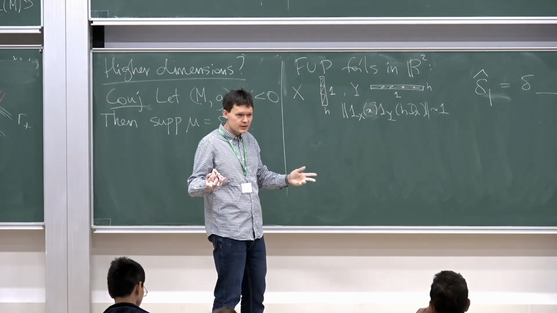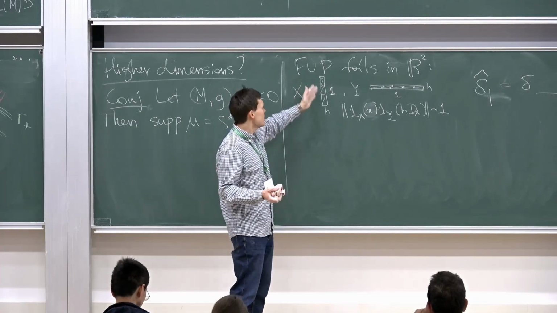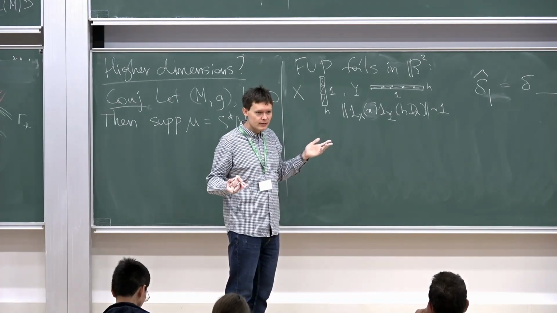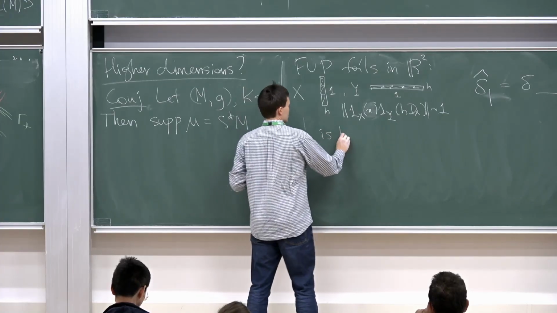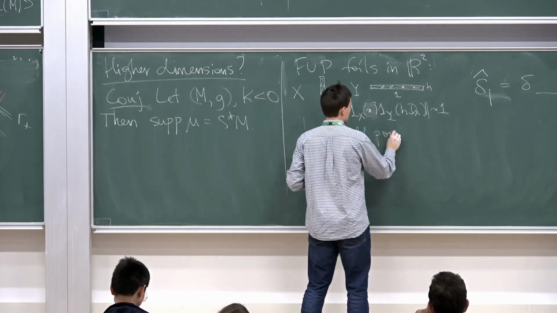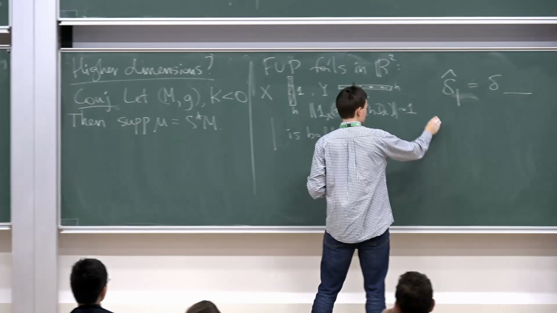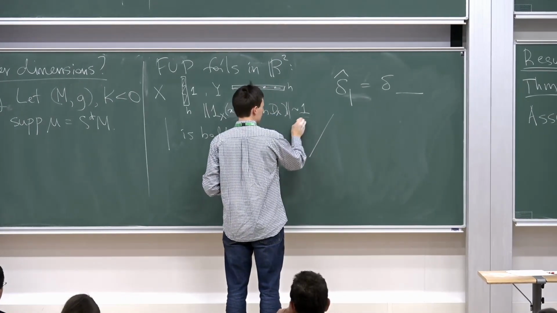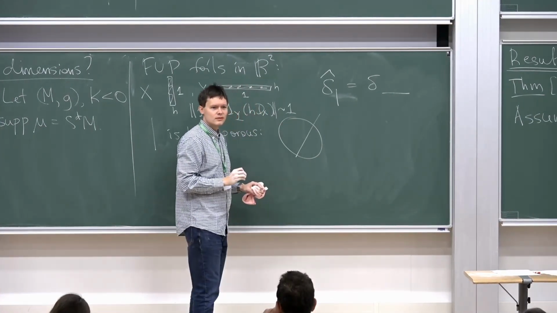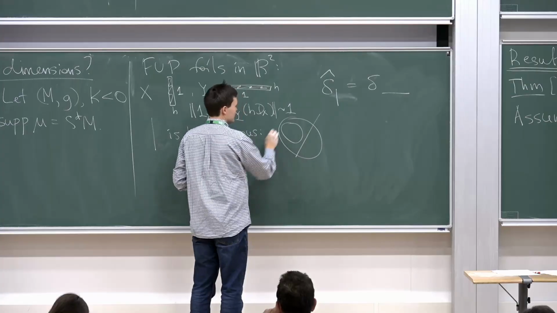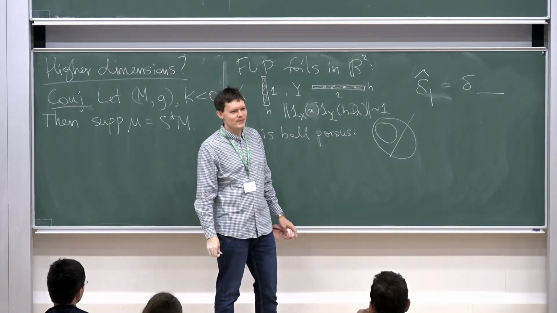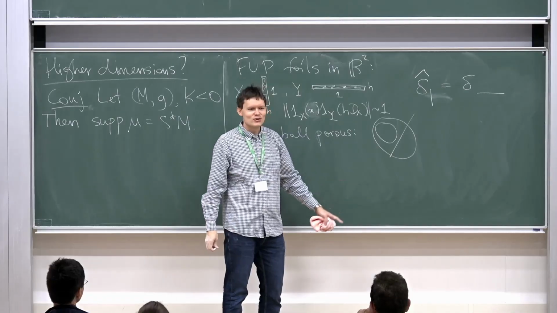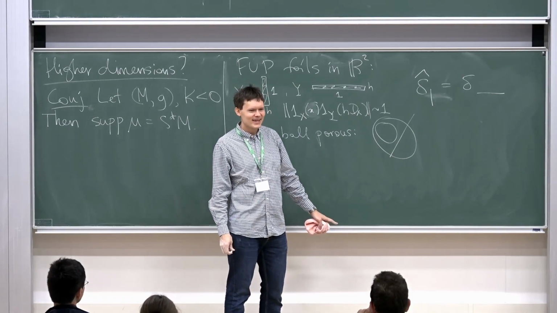All right, so that's a problem. And of course, you could argue whether a line is a fractal set, but it is ball porous. So a line is porous on balls. If I take any ball, I can take a subball of half minus epsilon, if you want to be pedantic, diameter, that doesn't intersect the line. Okay?